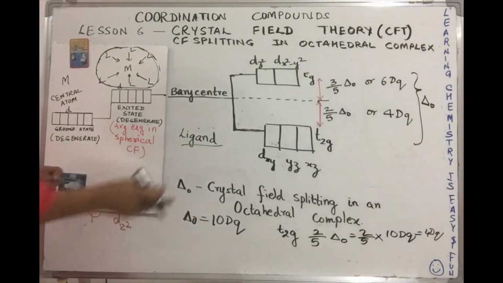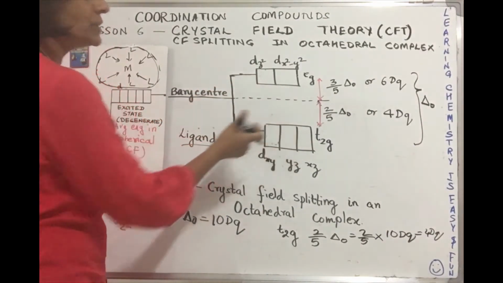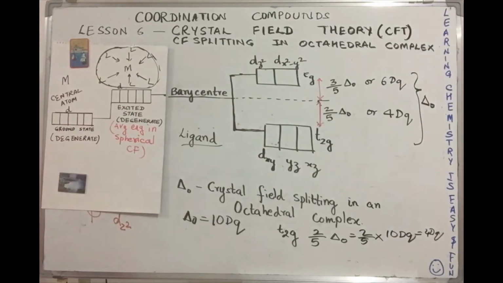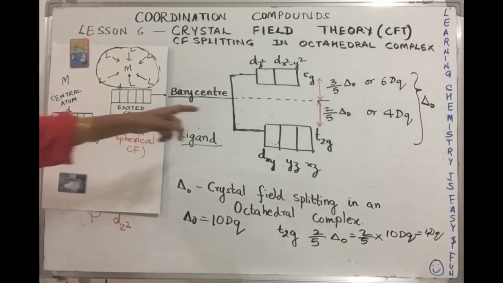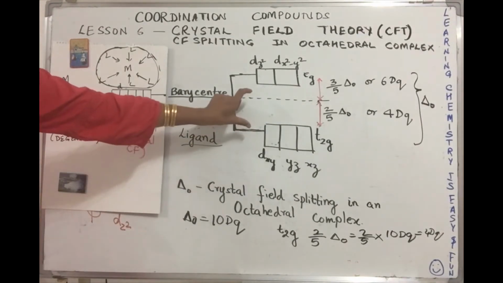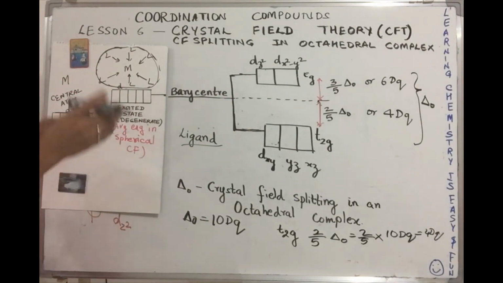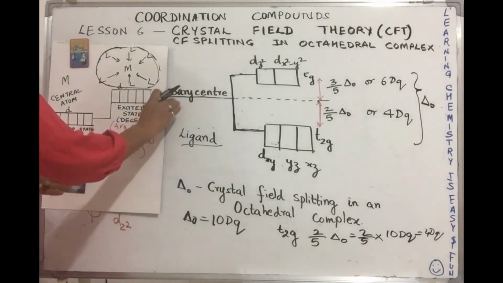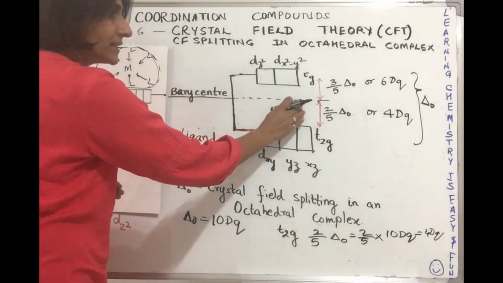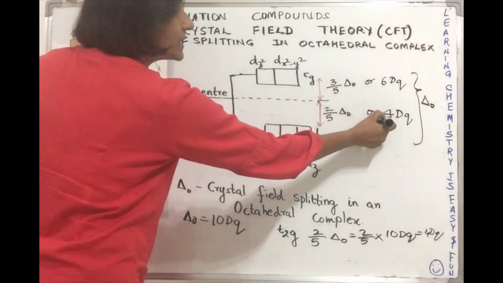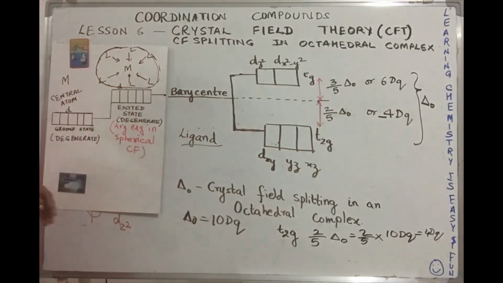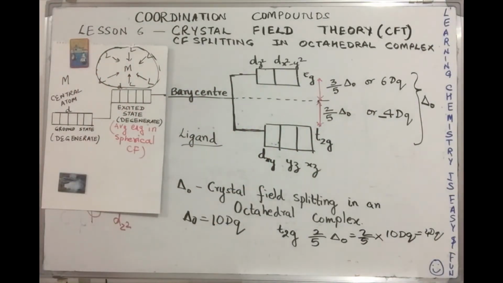In other words, for every electron that enters into t2g, the energy will be lowered, it will decrease. Decrease with respect to what? The barycenter. So this decrease we can also denote by a negative sign in order to show that the energy is decreasing or the stability is increasing.